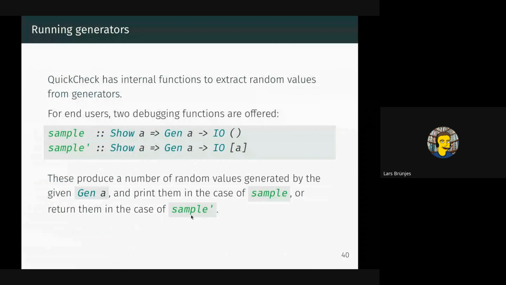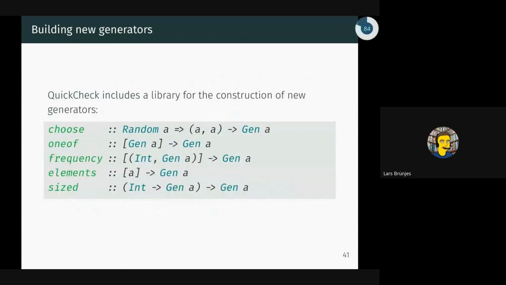Okay, so that's once we have a generator, to get an idea what this generator produces. And now, of course, the question is, apart from what's already in QuickCheck, I mean, these built-in arbitrary instances, how can we generate our own generators? There's a library in QuickCheck that has helper functions to do this.